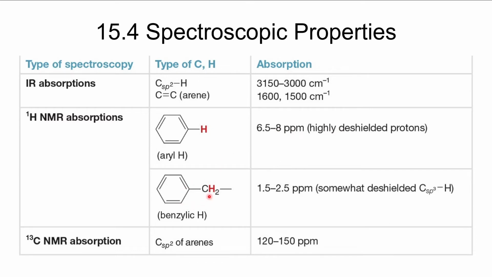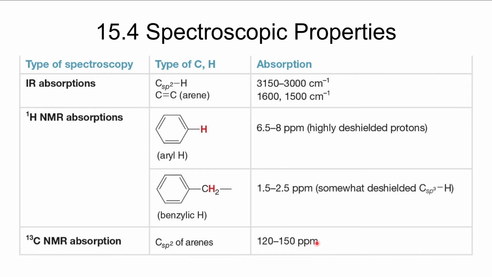And for the benzyl, this is kind of like the allylic ones, where the hydrogen's going to show up in the 1.5 to 2.5 part per million range, somewhat deshielded compared to other carbon sp3 hybridized carbons with a hydrogen on them. So benzylic 1.5 to 2.5. You'll want to know that. For the carbon NMR, we're going to find that they all fall in a range from 120 to 150 parts per million.